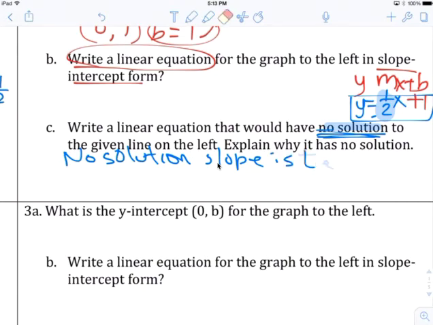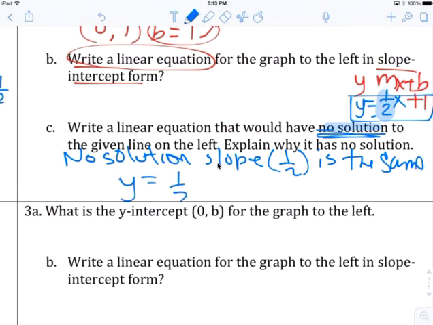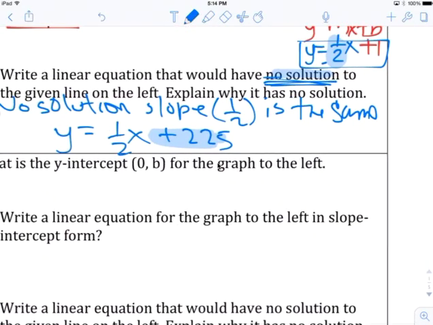The slope of 1/2 is the same. So let me write another equation. Y equals 1/2 x, and the y-intercept has to be different, plus 225. I don't have to graph it. The slope is the same and the y-intercept is different.